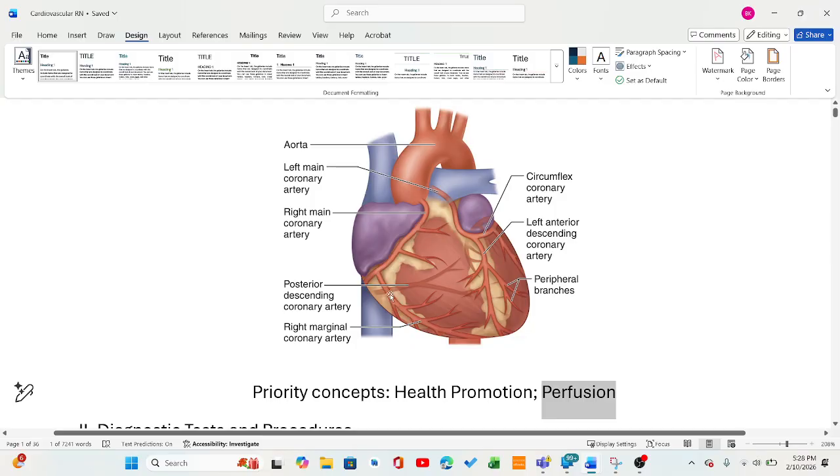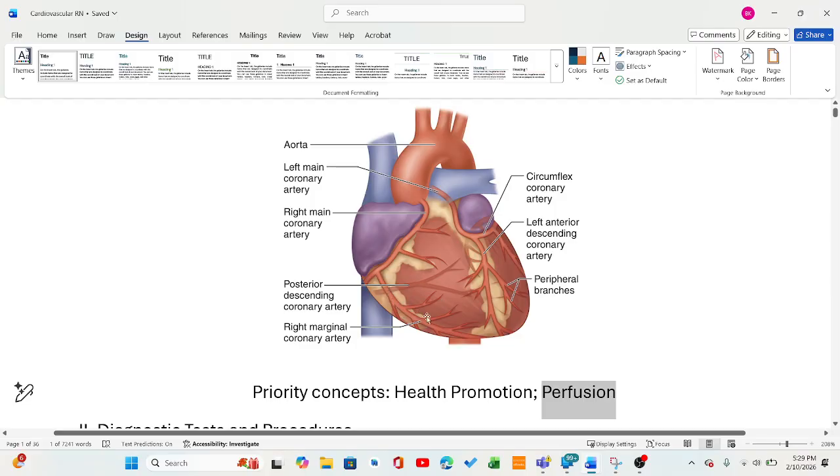When cholesterol builds up in the coronary arteries, it results in coronary artery disease, which means that blood will not be able to flow freely to all parts of the heart.